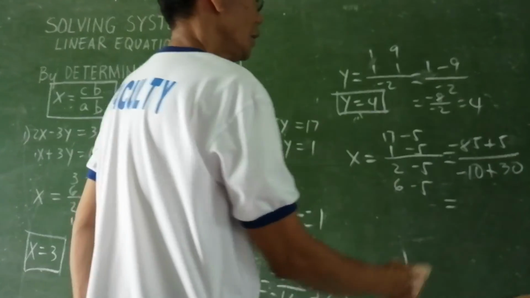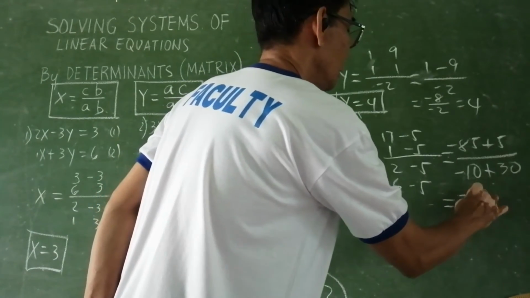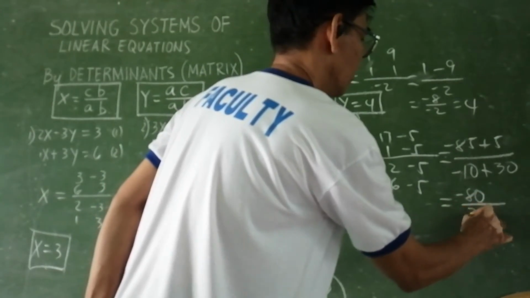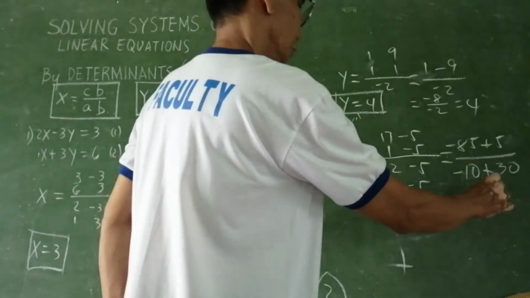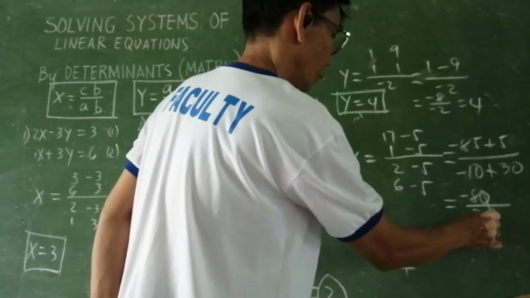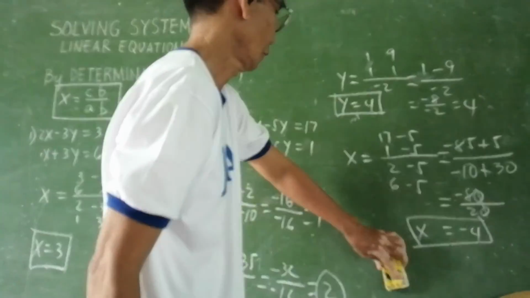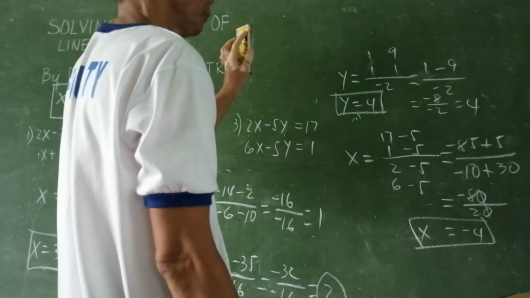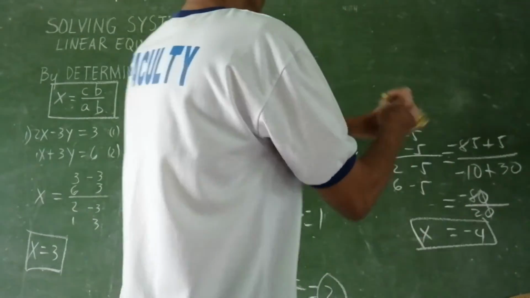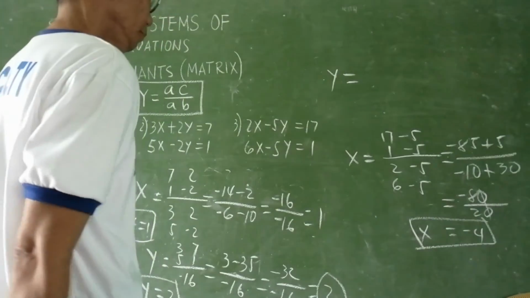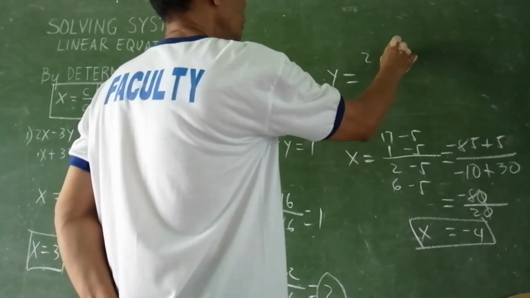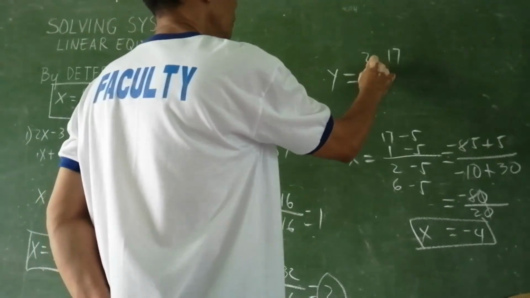So let's simplify. Negative 80 and 20. So cancel, so that will be negative 4. So x equals negative 4. Okay. For y, AC, 2, 17, 6, 1.